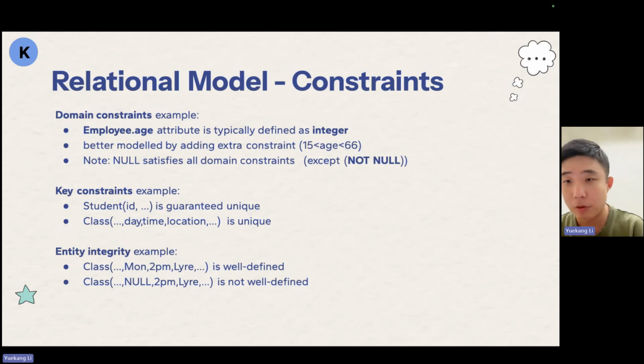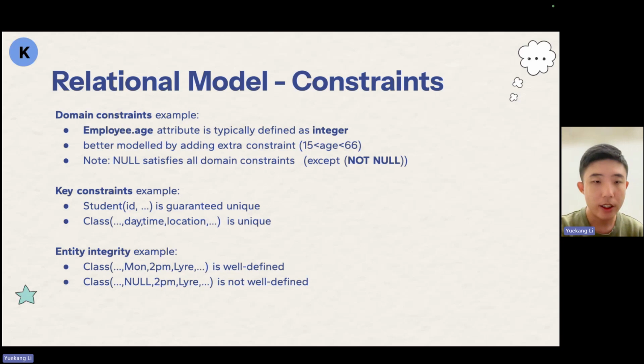Remember, there's a special type of value for attributes, that is null. Null could satisfy all domain constraints except for not null. So null is an integer, null is a string. So null is a special case.